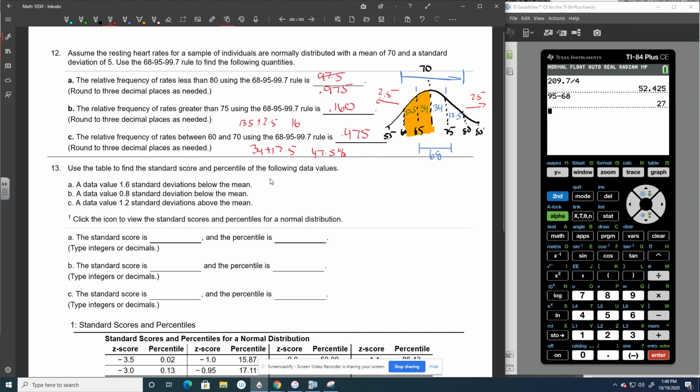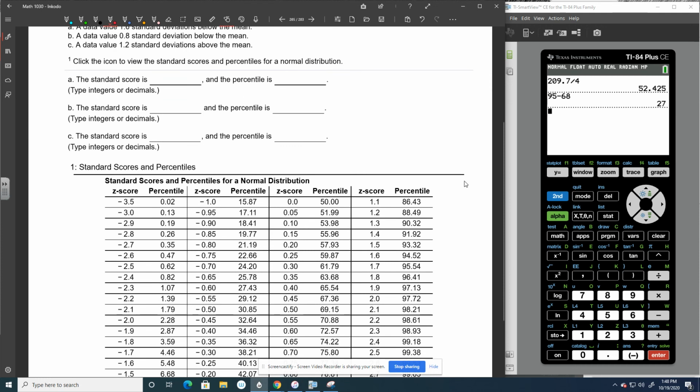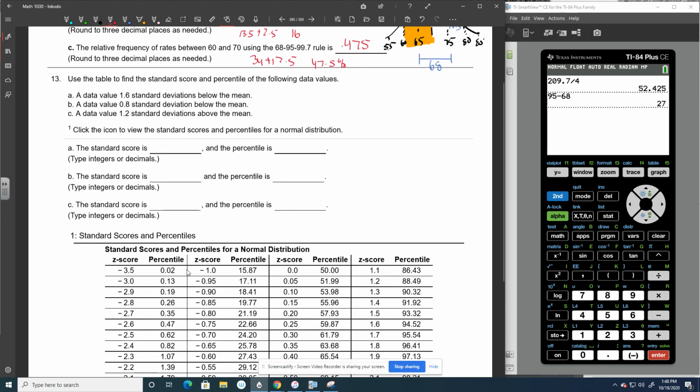Okay. Number 13, use the table to find the standard score and percentile of the following data values. So a data value 1.6 standard deviations below the mean. If I look at my standard scores, 1.6 standard deviations below the mean is going to be negative 1.6. Remember, my z-score is the number of standard deviations that I'm below. So I'm 1.6 standard deviations below, which means my percentile is going to be 5.48.